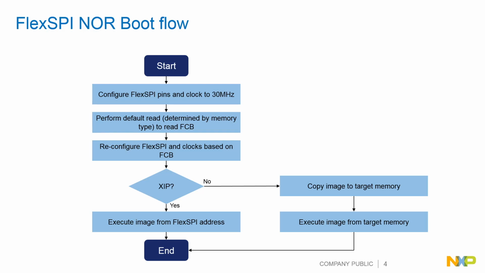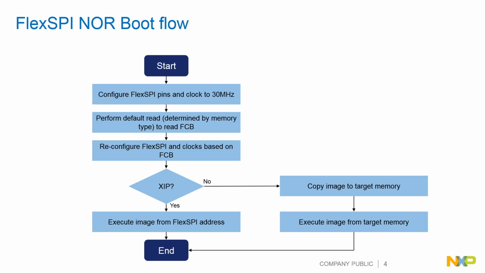The boot configuration can come from GPIO override values or fuses depending on your boot mode settings. After the FCB has been read, the ROM will then use the parameters within the FCB to reconfigure the FlexSPI block for the optimal configuration specified by the FCB. Typically, this is going to increase the frequency so that the rest of the boot data and the application can be read in much faster.